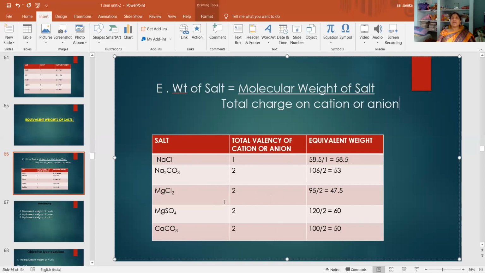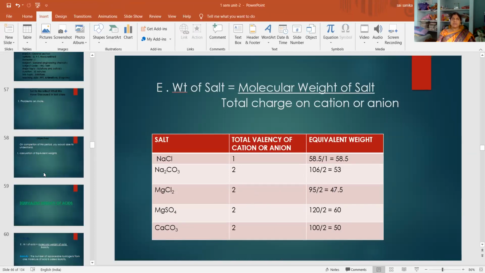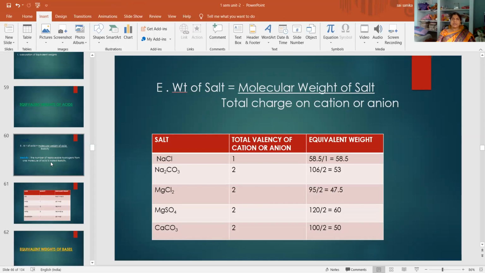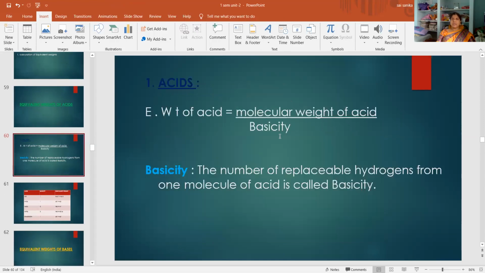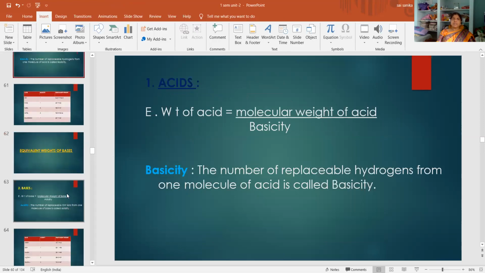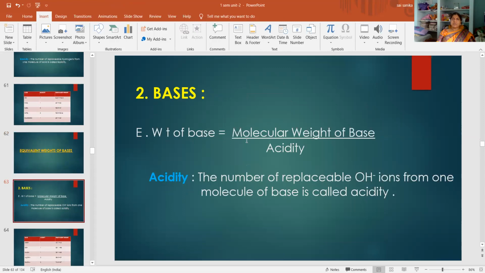So like this, we will calculate the equivalent weights of acids, bases and salts. How will we calculate the equivalent weight of acid? Molecular weight by basicity. What is basicity? The number of replaceable hydrogens from one molecule of acid is called basicity. Then how will you calculate the equivalent weight of base?